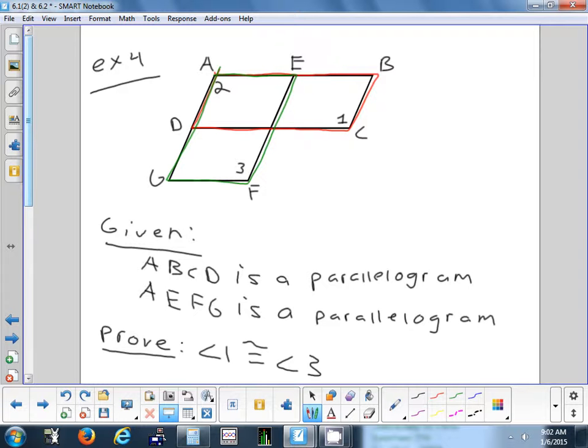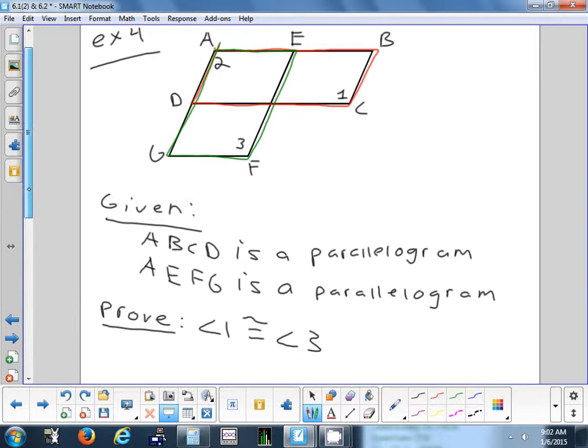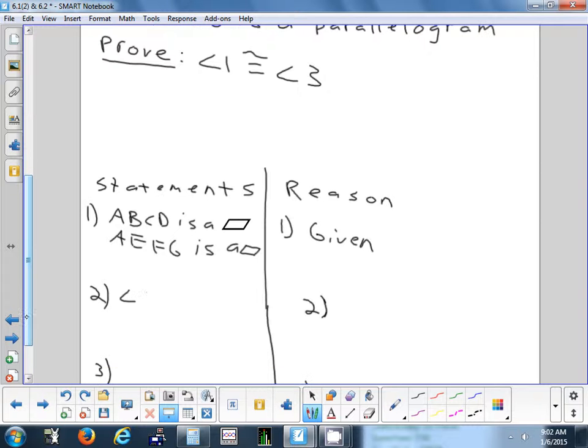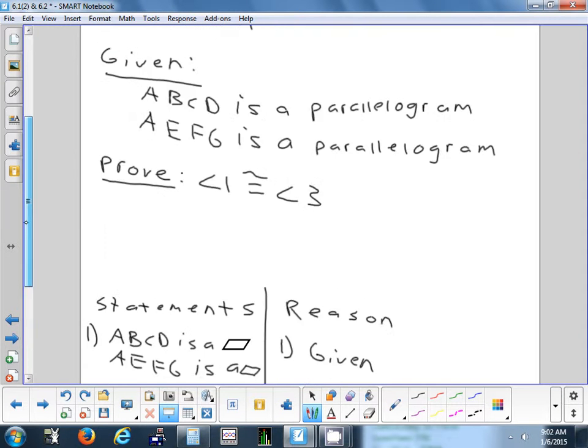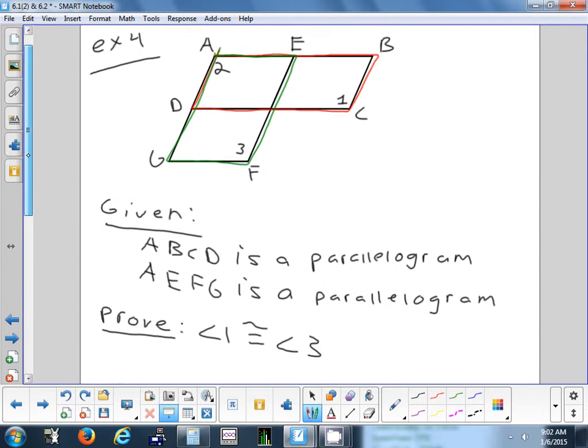Yeah, it's that theorem that says opposite angles are congruent. So angle 1 and angle 2 are congruent. You could probably combine that and say 2 and 3 are congruent. Yeah, we could also say 2 and 3 are congruent, same reason. Look in the green parallelogram, 2 and 3 are opposite angles. Okay?